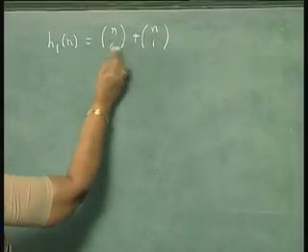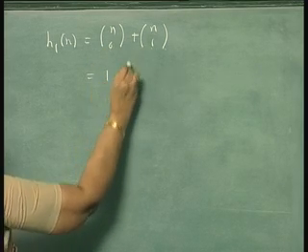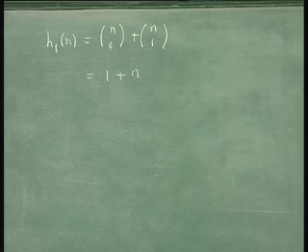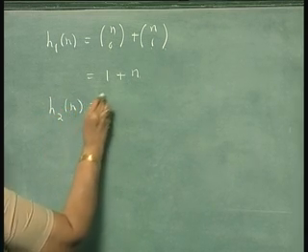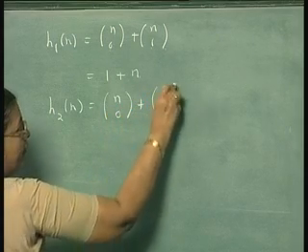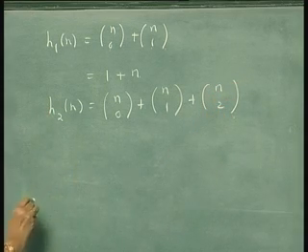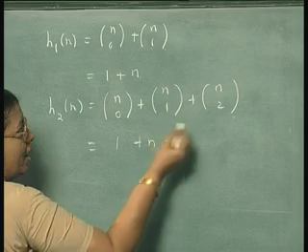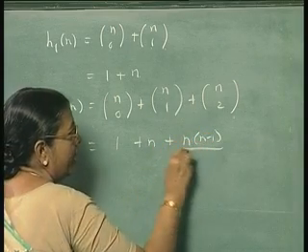What is nC0, nC1? This will be just 1 and this will be n. You know that H1(n) is n plus 1. If you look at H2(n), you can also write this as nC0 plus nC1 plus nC2, because this is 1, this is n, plus nC2, which is n into n minus 1 by 2.